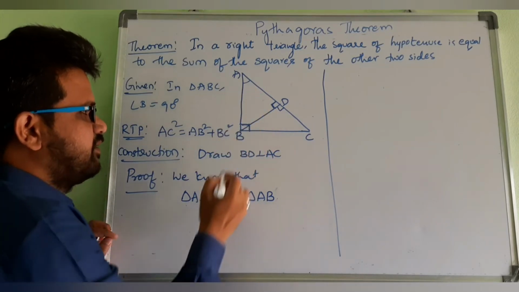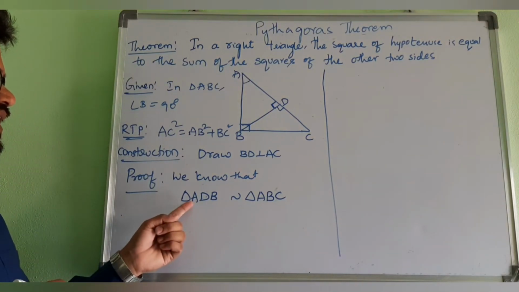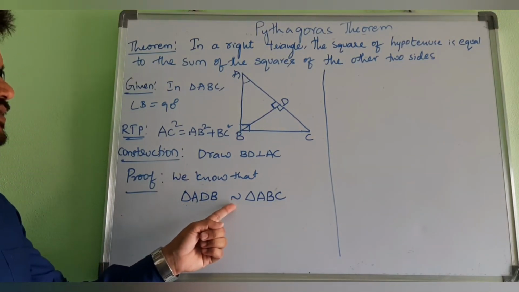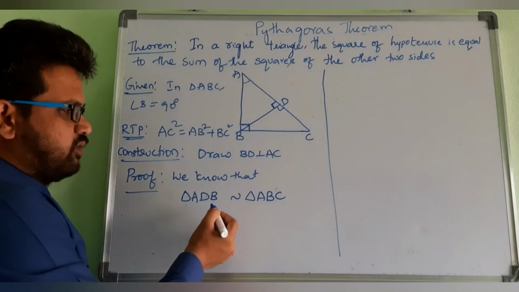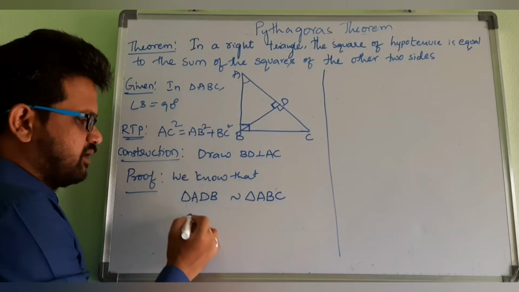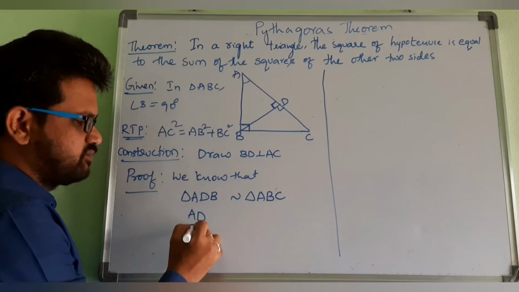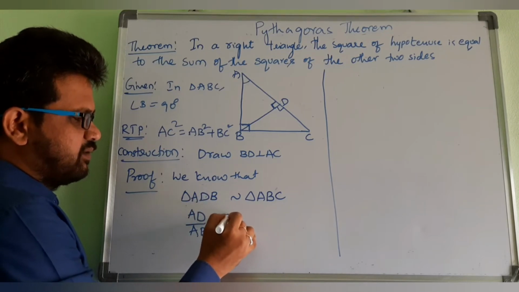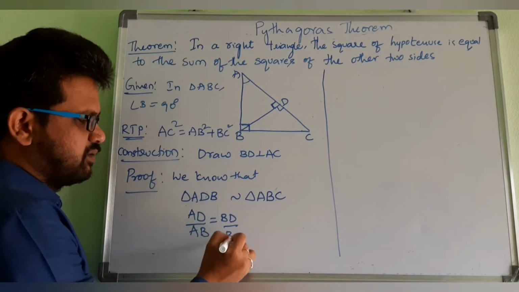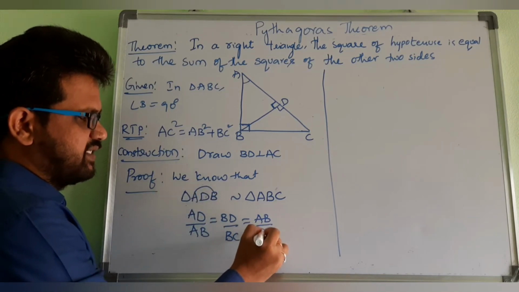And remaining here B and here C. So triangle ADB is similar to triangle ABC. Now these two triangles are similar, then corresponding sides are proportional: AD by AB is equal to BD by BC is equal to AB by AC.